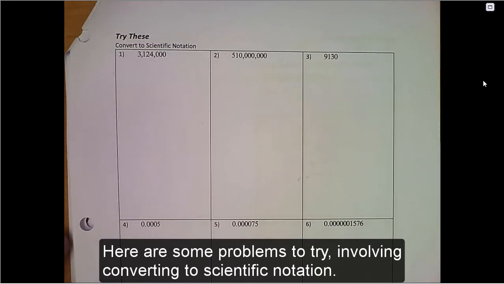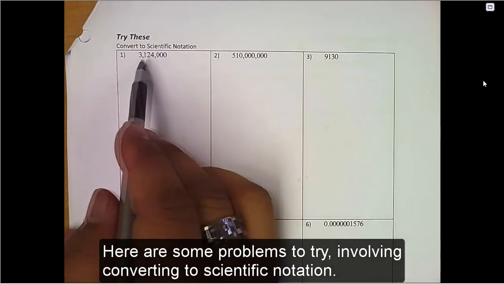Here are some problems to try involving converting to scientific notation.